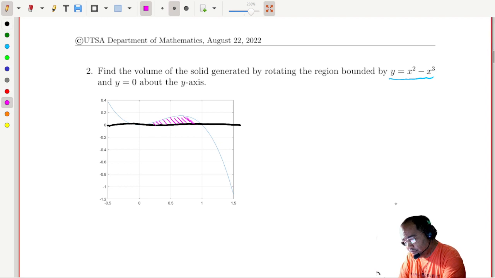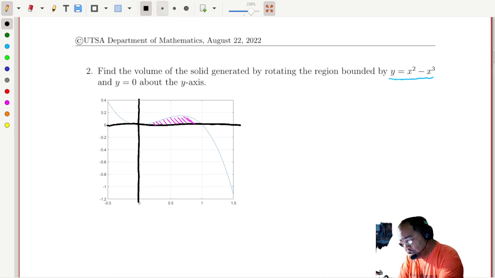Okay, and we're going to rotate that around the y-axis. So let me go ahead and color in where the y-axis is. Okay, so we're going to take that magenta area and rotate that around the y-axis. Same color.